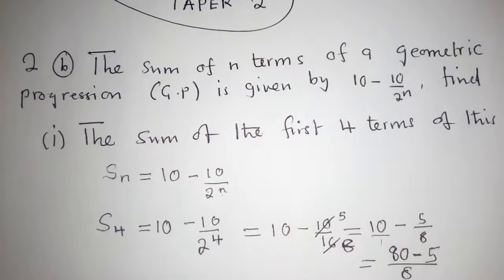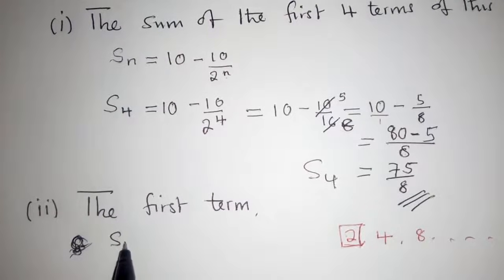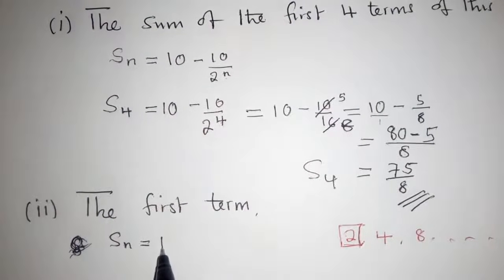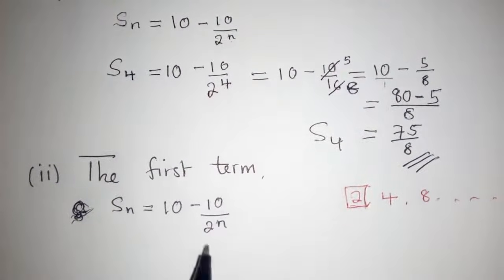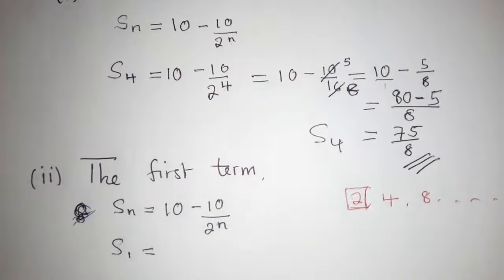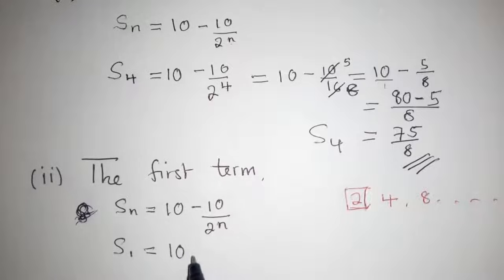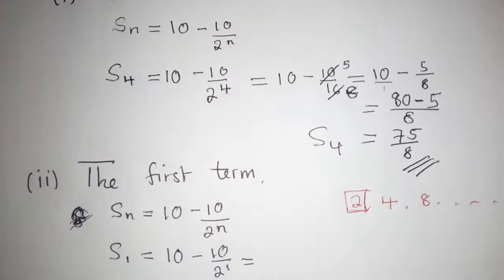So we'll say sum, the formula for sum over here, which they have given us in the statement. It looks like this. So this very sum, we'll say the sum of the first term, 1. The sum of the first term will look like this.